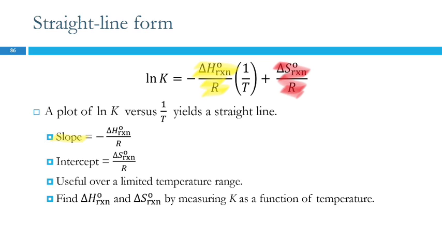This is the intercept. Natural log of K is the y, and 1 over T is the x.